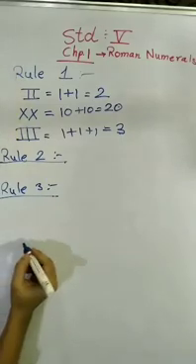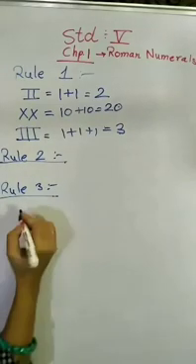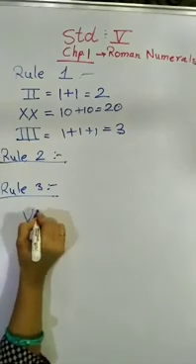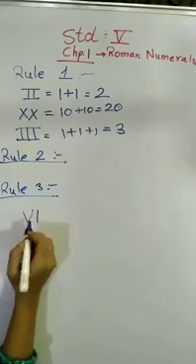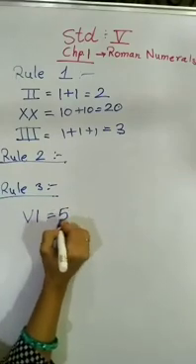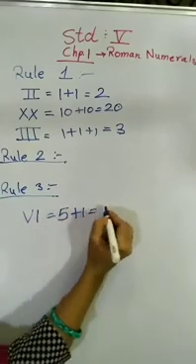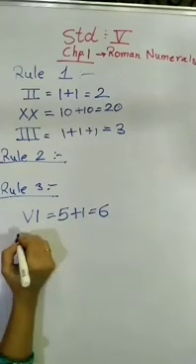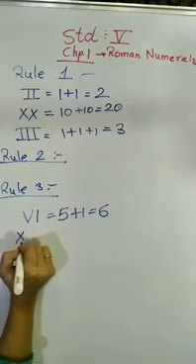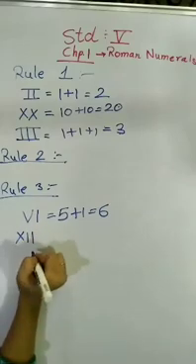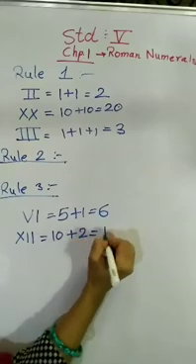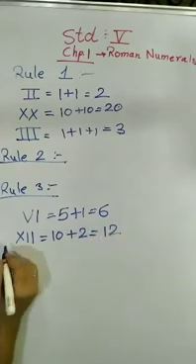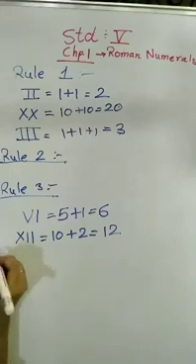This means if I write I to the right side of V, V denotes 5, and 5 plus 1 equals 6. In a similar way, X denotes 10, and if I write 2 I's to its right, it means 10 plus 2, which equals 12. This is your rule number 3.